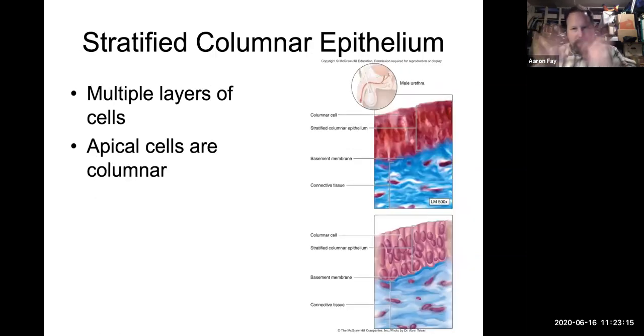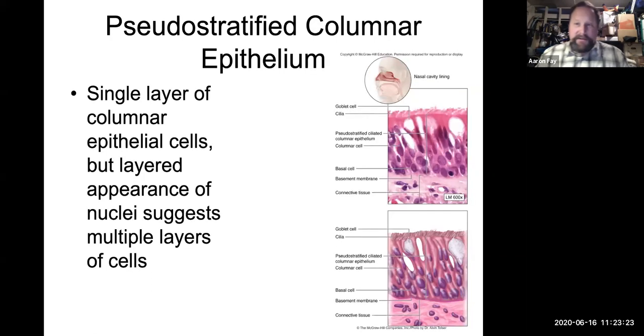Cilia are not really a thing on stratified columnar. Pseudostratified will have cilia. Is that always 100% true? No, it's really about 95% true, so I'm lying to you a little bit. But what's 95%? That's an A, right? And that's good enough for this class. So let's just leave it there.